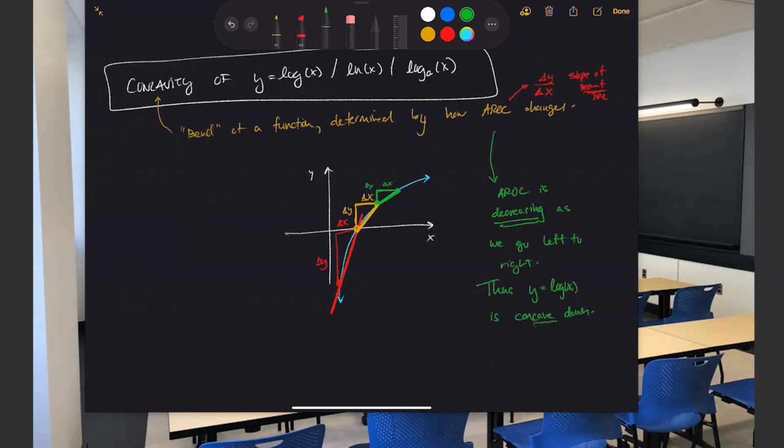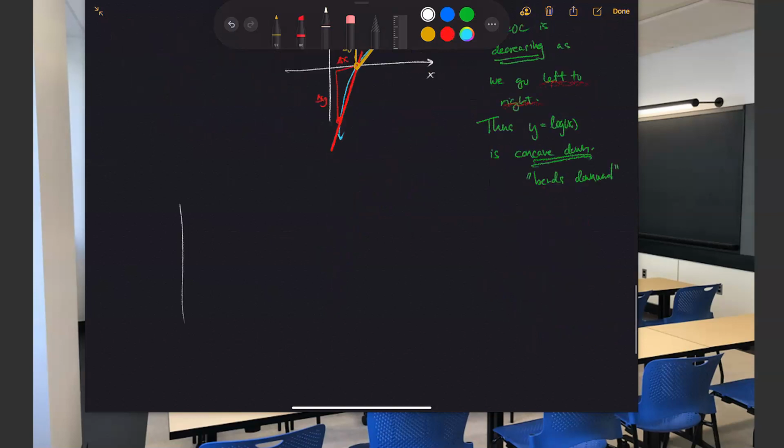And it makes sense that it's concave down, or it bends down, and again, it's key that we're reading graphs left to right. It makes sense that it bends downward because what way does the exponential function bend?